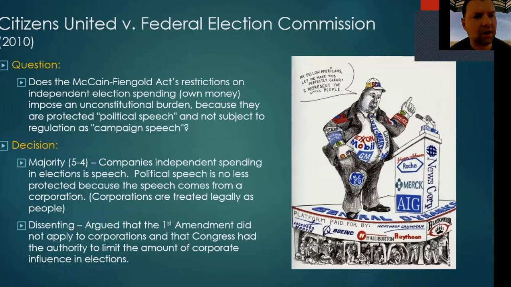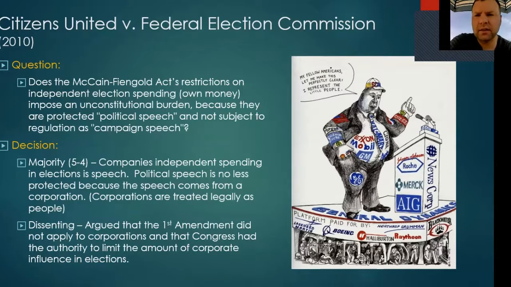Previously, there had been laws upheld that said you could not give money directly to candidates, or you could only give so much money to a candidate if you were a corporation or even an individual, because they were worried about the influence that had on that potential lawmaker. So some people would argue it's almost a form of bribery. If I'm running for election and you give me $1 million, then of course I'm going to owe you some sort of favor.